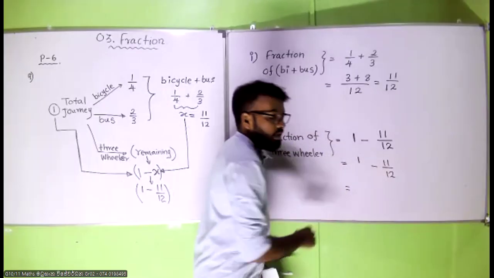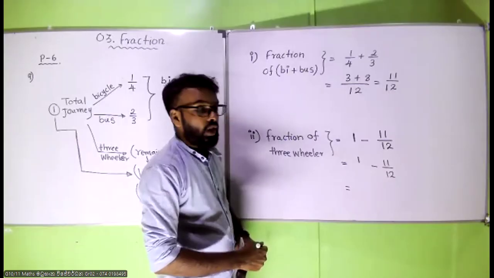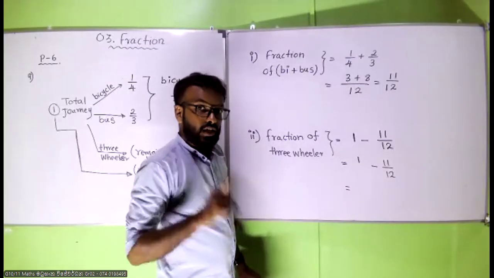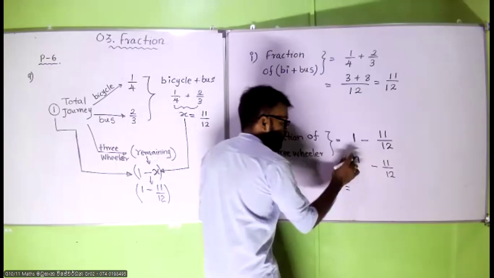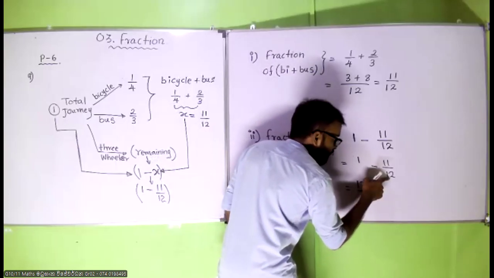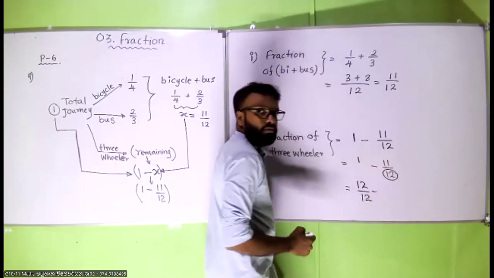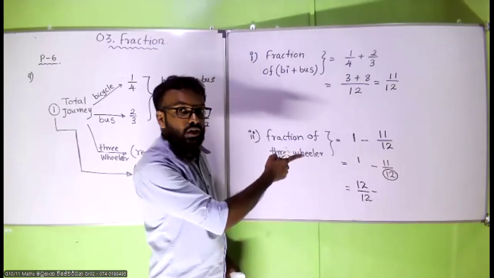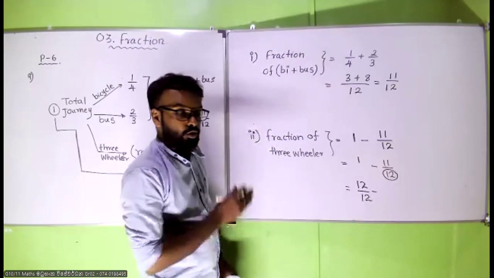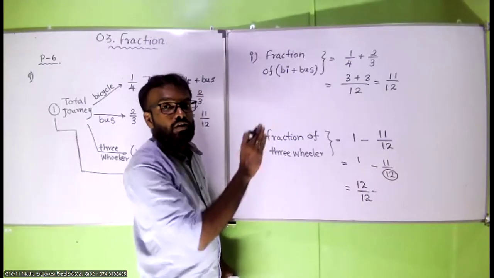When you see the denominator 12, can you write this 1 in a different way using 12? Yes. This 1 can be written as 12 divided by 12. The total journey has to be divided into 12 equal parts.